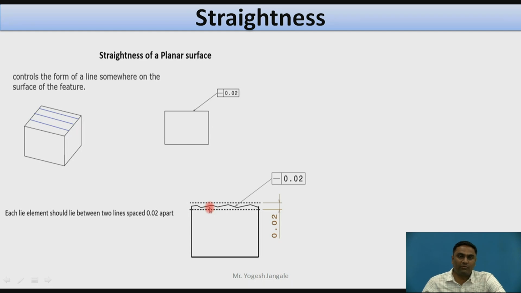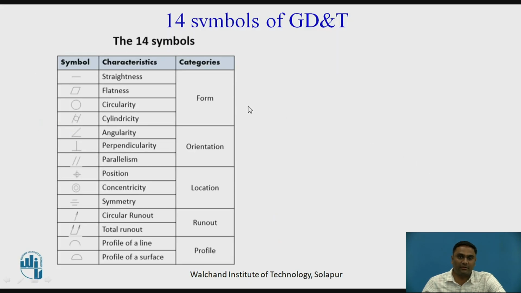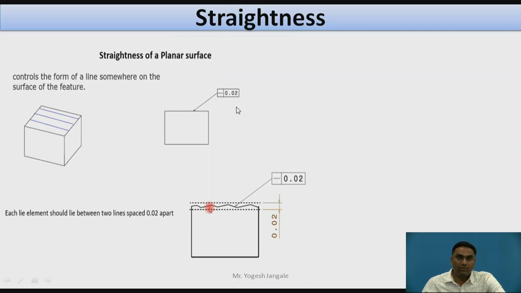Among these, we are going to discuss straightness first. This tolerance is categorized under form tolerances, which define the basic form of an element or a feature. Straightness generally controls the form of a line somewhere on the surface of the feature.